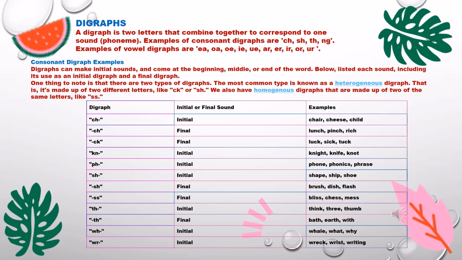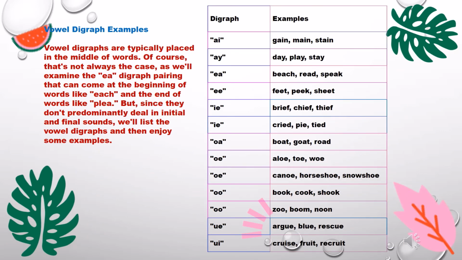Digraphs can make an initial sound and come in the beginning, middle or end of the word. I have listed some examples as you can see in my list. Vowel digraphs are typically placed in the middle of the word. Examples as you can see in my chart. And enjoy.